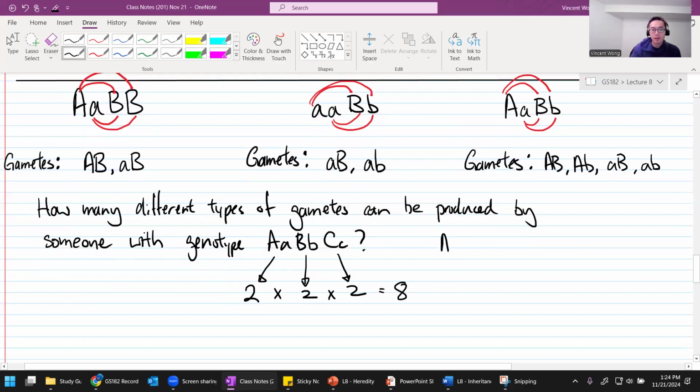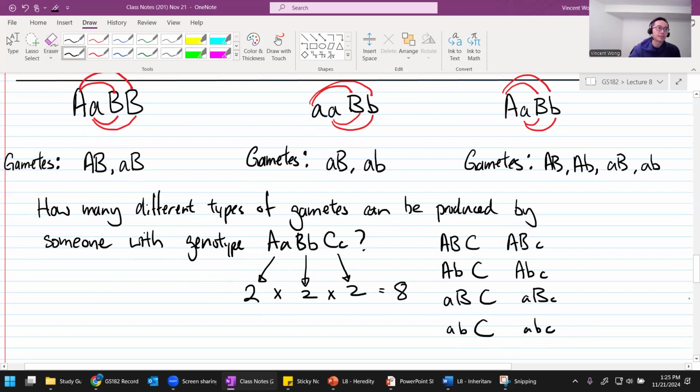All right, so I'll list them out for you to see. Right, so 8 combinations. Basically, you take these ones and then you add a big C or a small c at the end, and you create 8 different combinations.